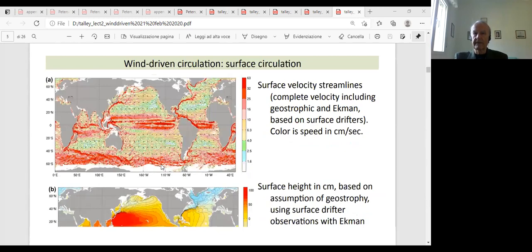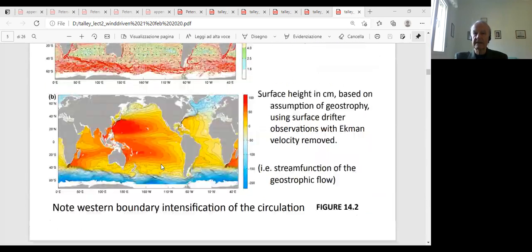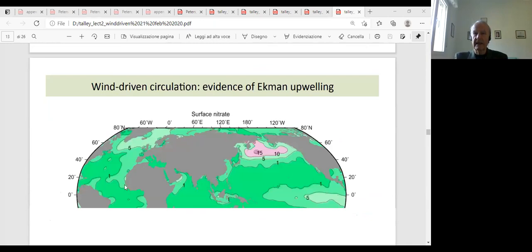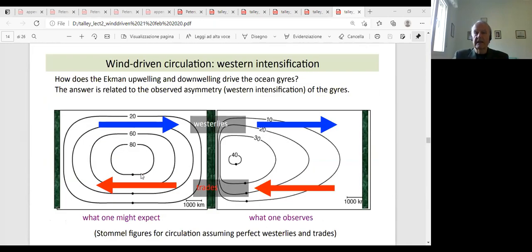Therefore, this image on the left-hand side is not really something which reflects the reality. In reality, we observe what is on the right-hand side.